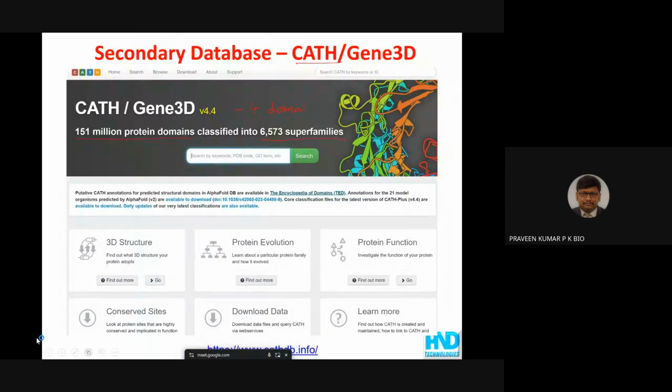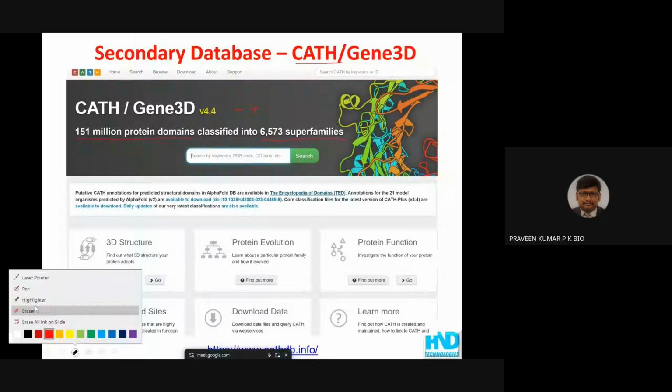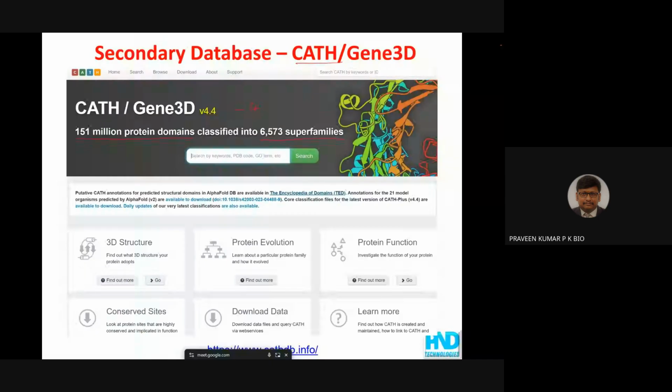So we are going to classify the proteins based on the four classes.